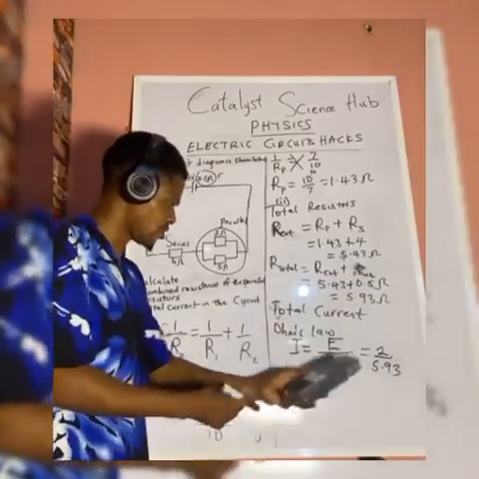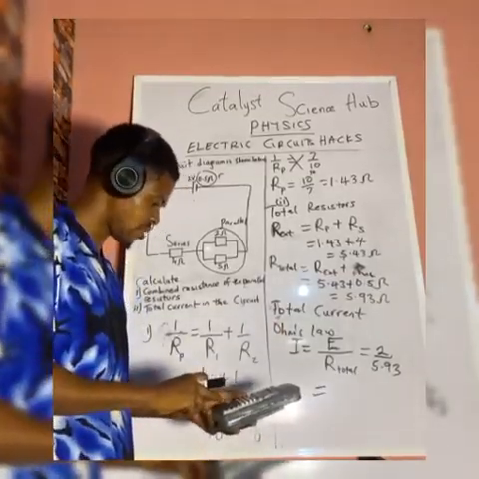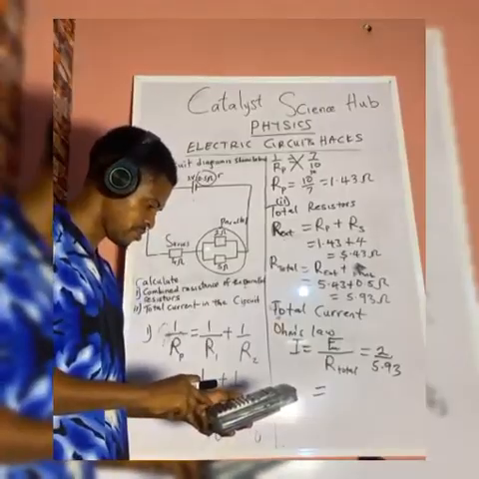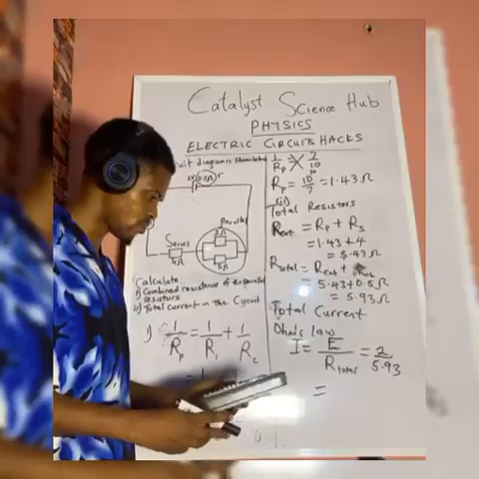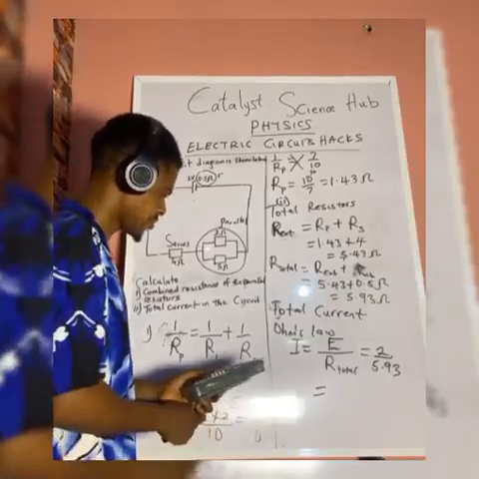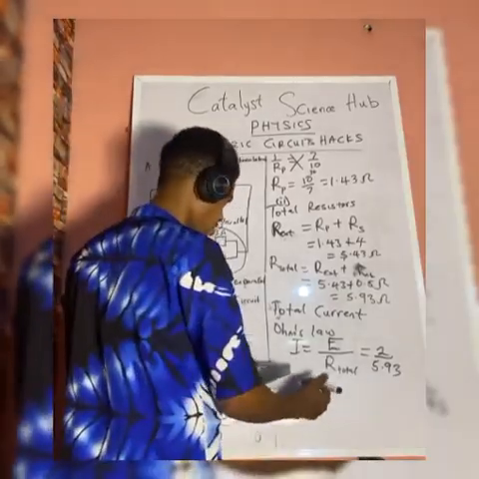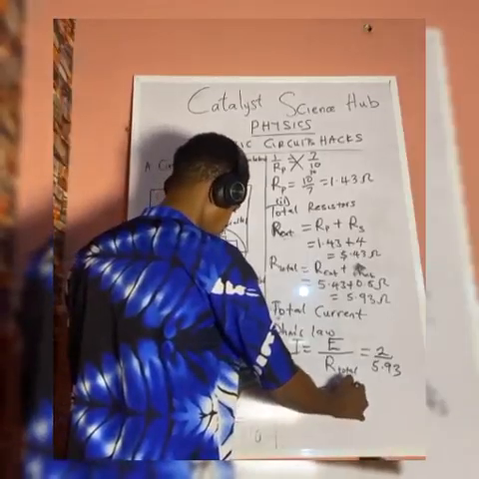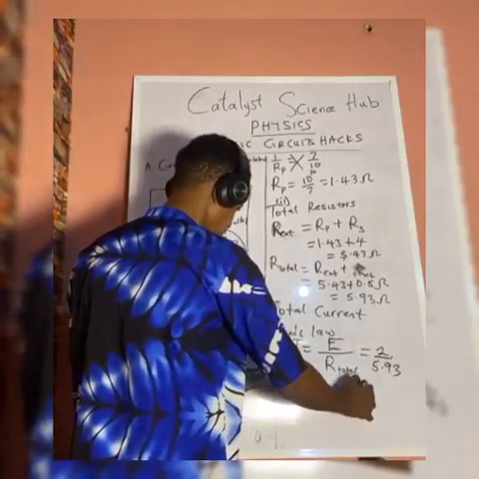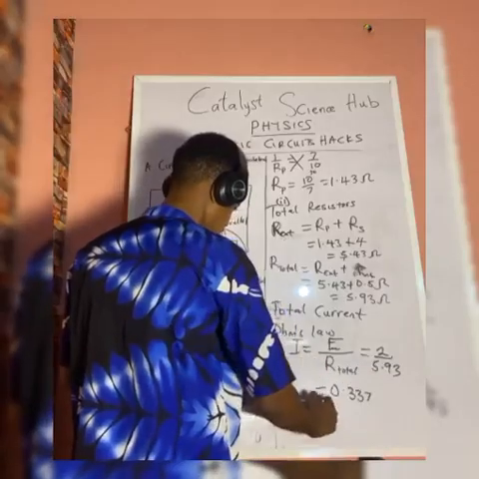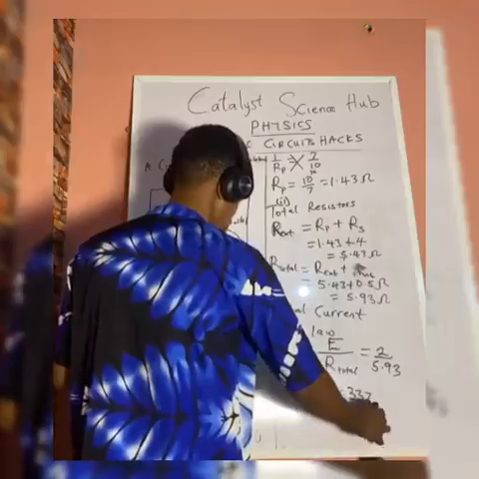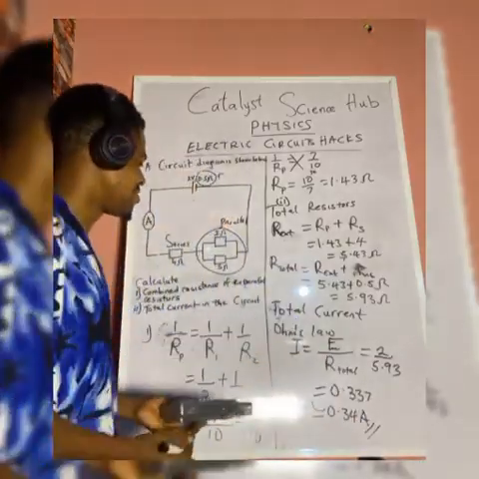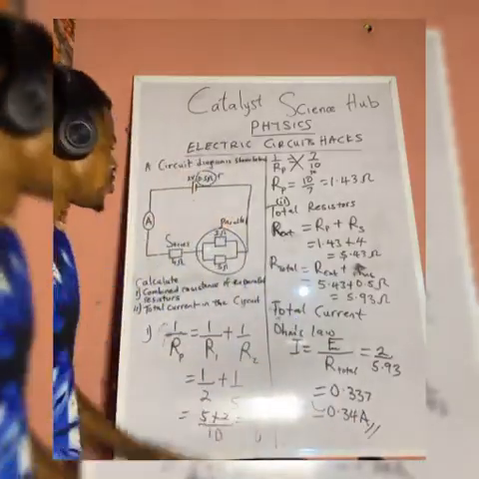Let's press the calculator: 2 divided by 5.93 gives 0.337, approximately 0.34 amperes.